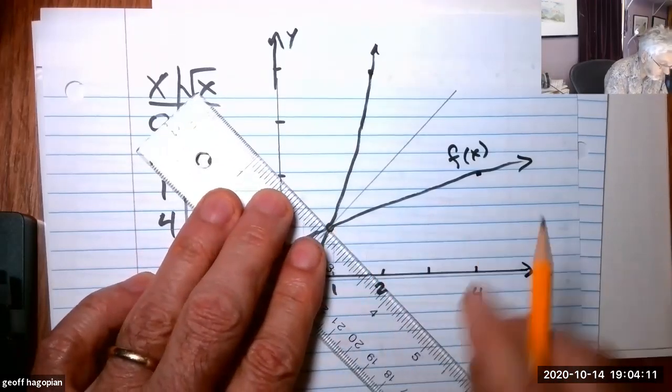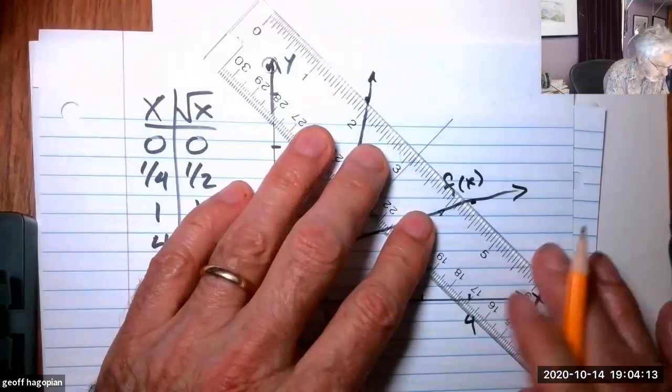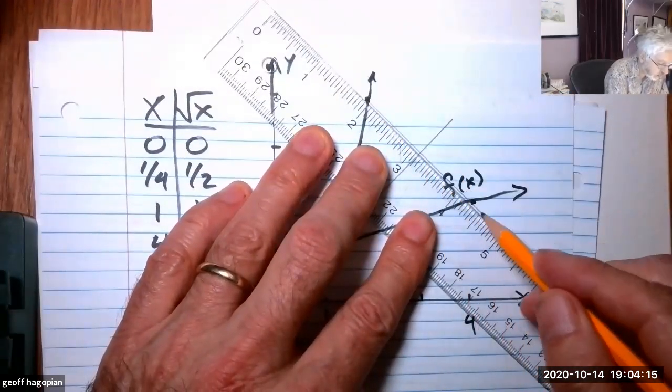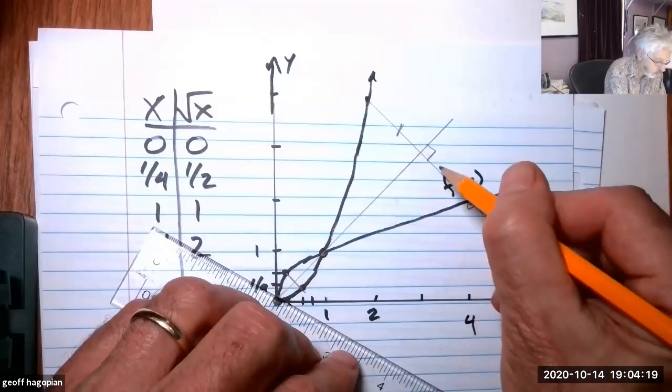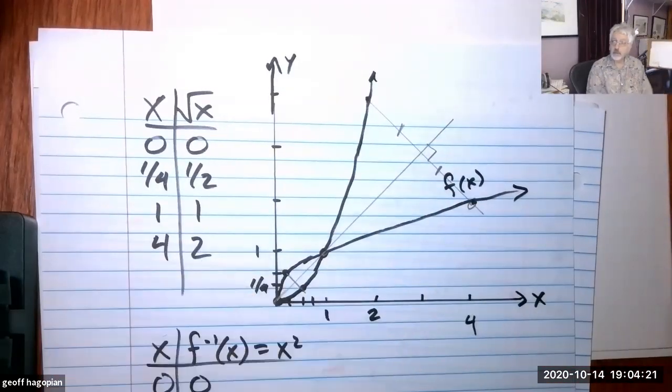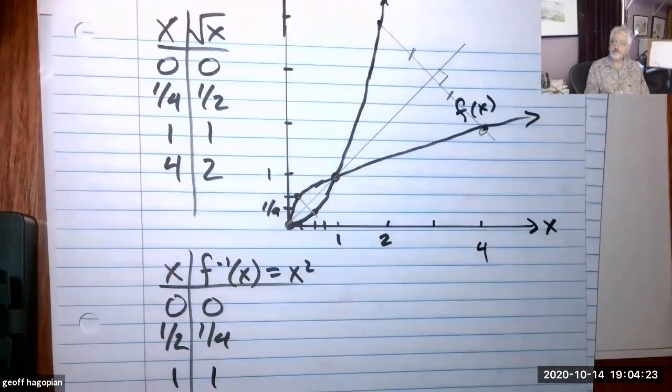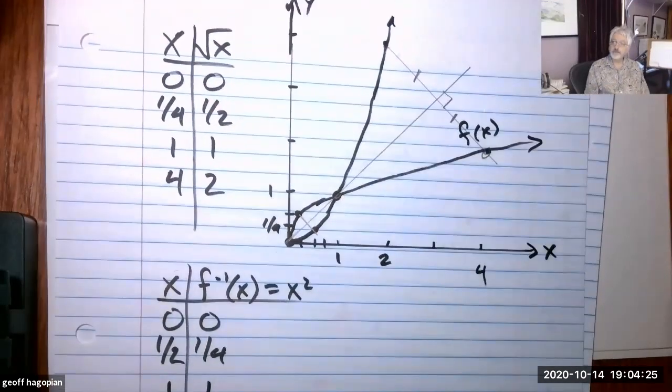This gets reflected to itself. And this is a reflection across the line y equals x up here, right? So that these two line segments have the same length. Yeah, it's got that symmetry.